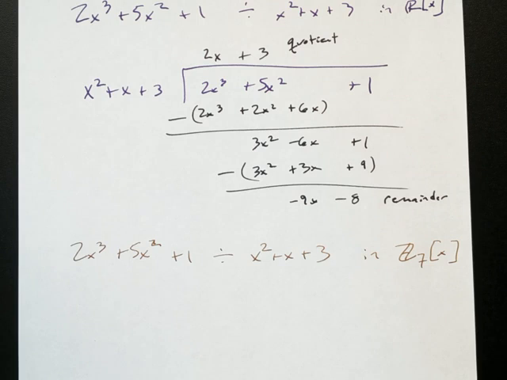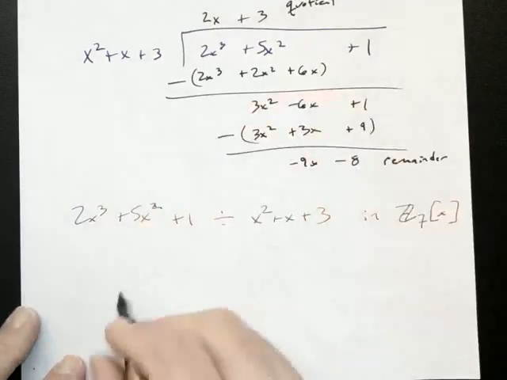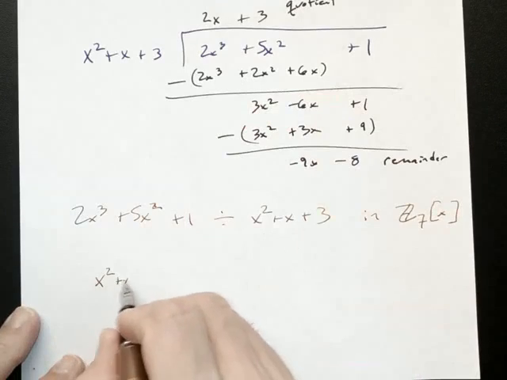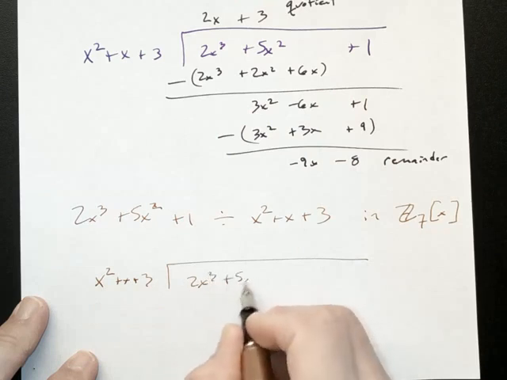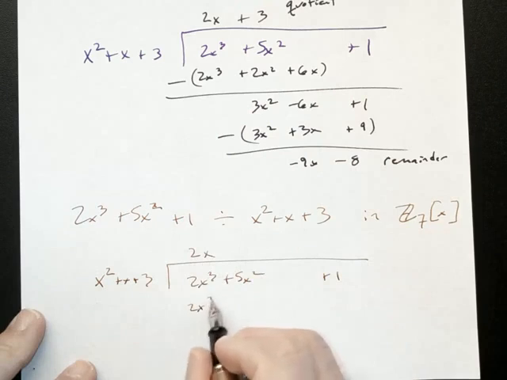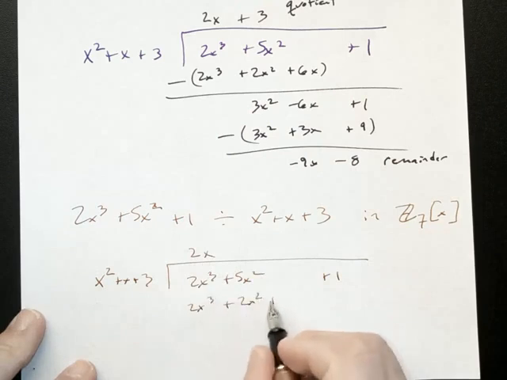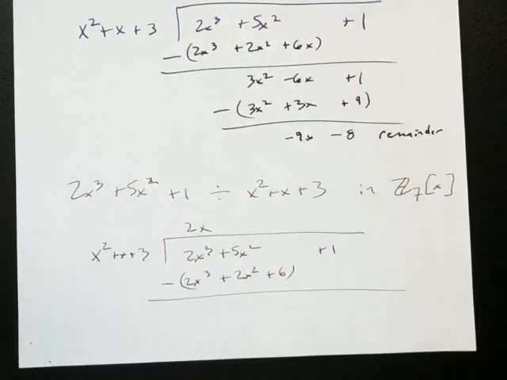But that also means that I have to remember what happens when I don't have the right divisor. So I'm subtracting here.